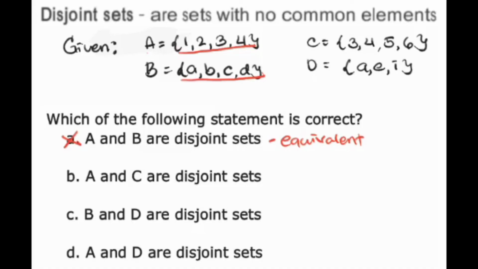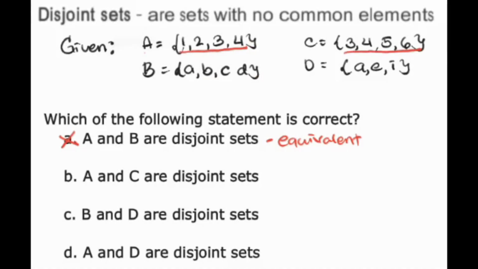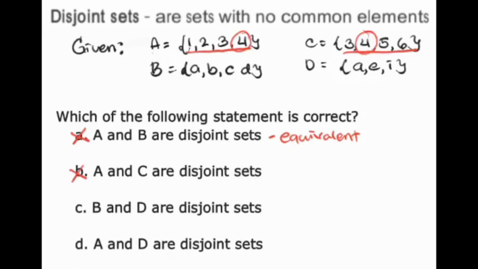Okay? Next, number 2 or letter B. Set A and set C are disjoint sets. Okay. So, sa elements ng A, meron tayong 1, 2, 3, 4. Sa elements ng C, mayroong 3, 4, 5, and 6. And as you see, meron silang common element. The common element is 4.